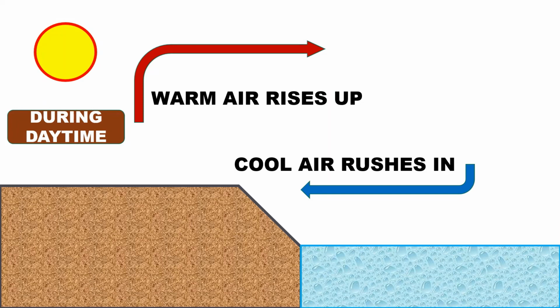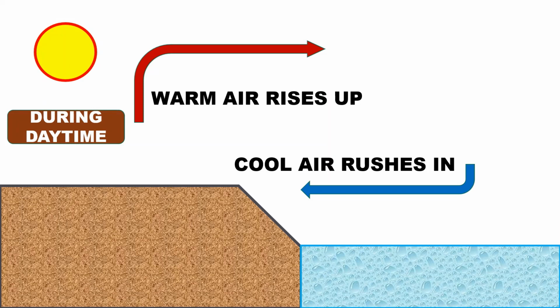The sea takes a lot of time to warm up. Therefore, the air above the sea is still cooler as compared to the one above the land. So when the warm air from the land rises up, it creates a kind of an empty space, a vacuum or a void on the land, which is filled in by the cool air that is rushing in from the seaside.